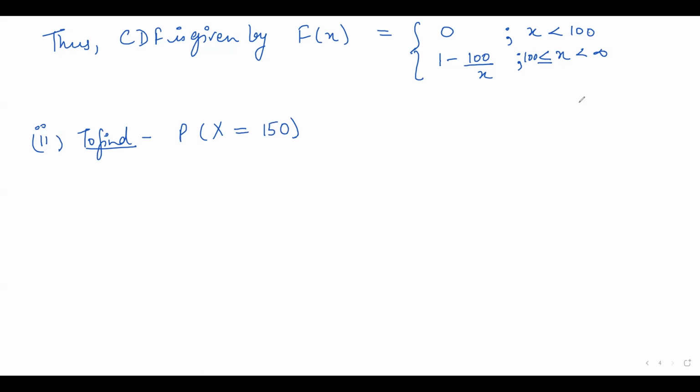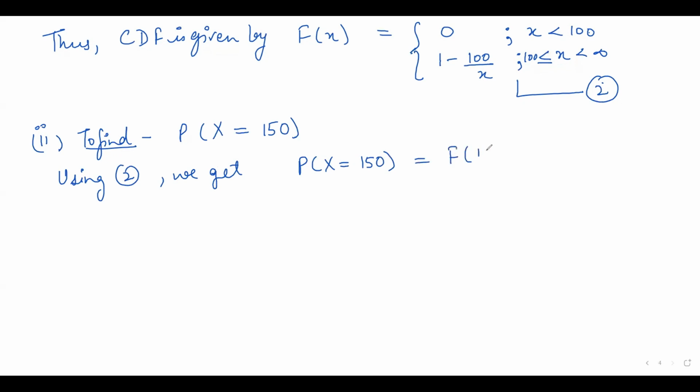Now, if I consider this to be the second equation, so using 2, we get P of X equal to 150 is nothing but F(150), which means this is 1 minus 100 upon 150. So 1 minus 2 upon 3 is nothing but 1 upon 3.